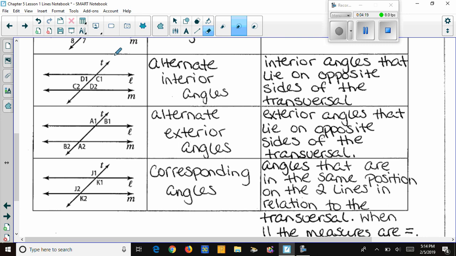Next, we have alternate exterior angles. Those are exterior angles that lie on opposite sides of the transversal. So again, we have our transversal, the line that crosses two other lines. Exterior means the angles on the outside, and alternate means different. So when we say alternate exterior angles, we're talking about angles on different sides of the transversal, but on the exterior.